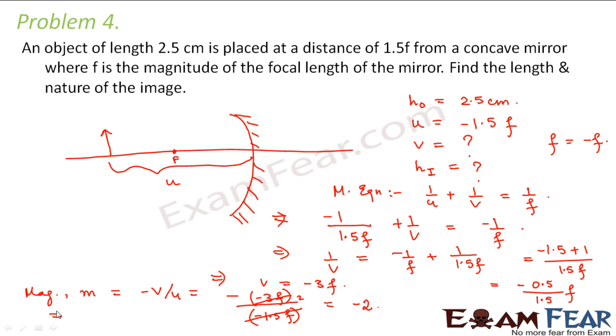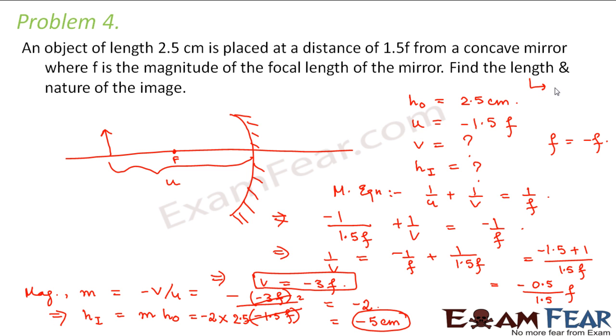Now using this, we can calculate the value of hi. v we have already calculated, that is the position of the image. So from this we can calculate the height of the image, which will be equal to magnification into height of object. So that is equal to minus 2 into 2.5, which is equal to minus 5 centimeters. So this would be the height of the image.